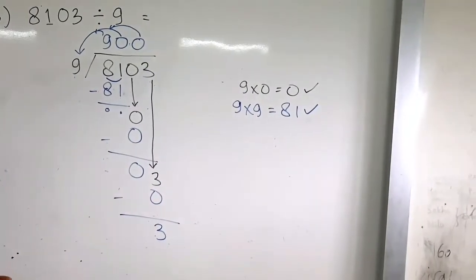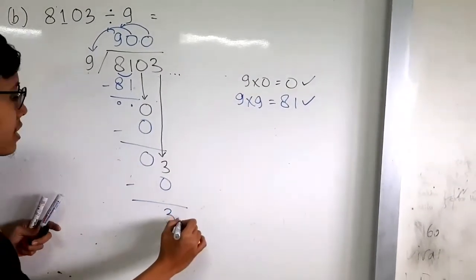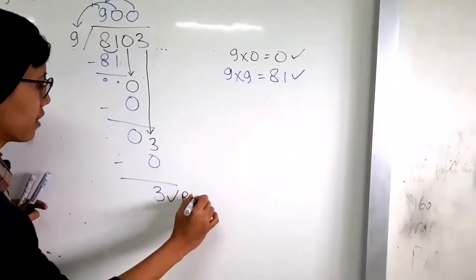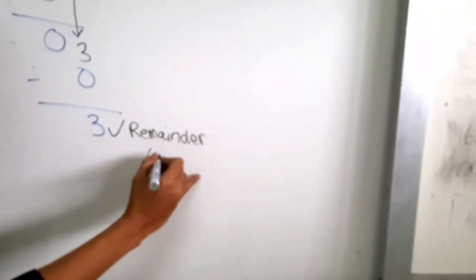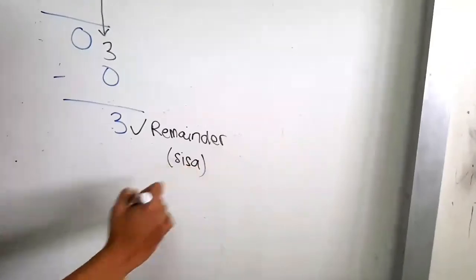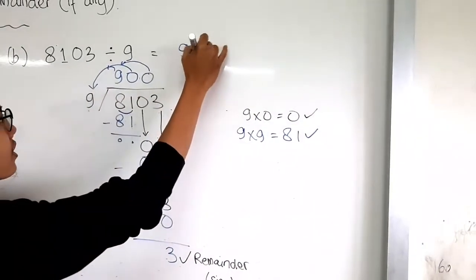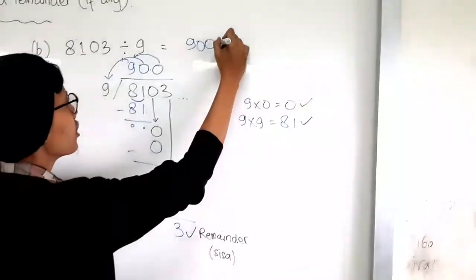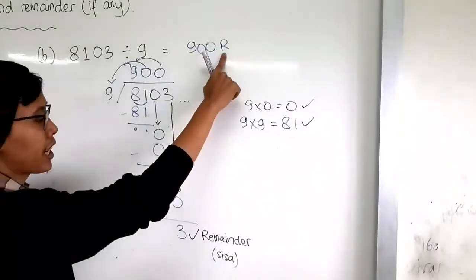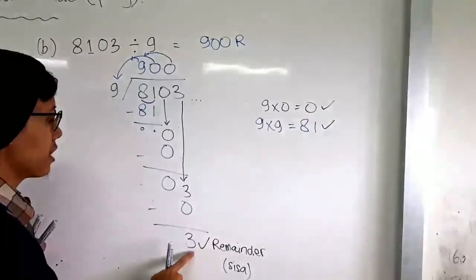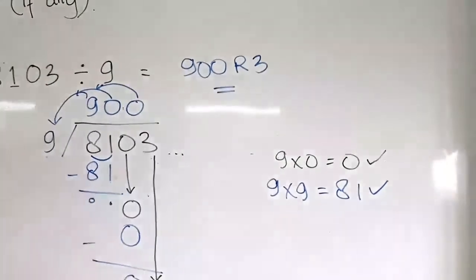Is there any number to bring down? There's no number to bring down. So that means this will be the remainder. This is how you write remainder, guys, which means sisa. So we will write it as it is. 900, and then the remainder, it could be capital R or small r, but I prefer capital R. How much is the remainder? 3. So this will be the answer.